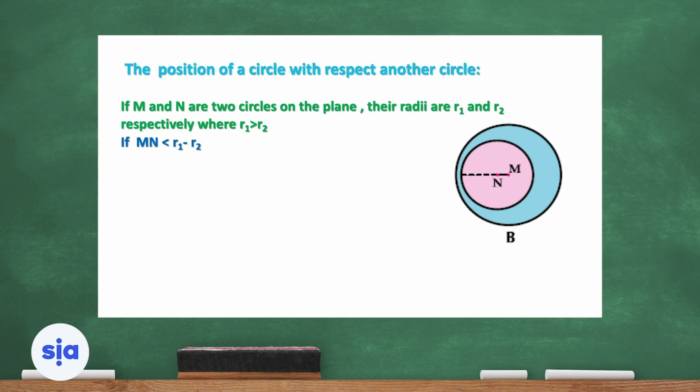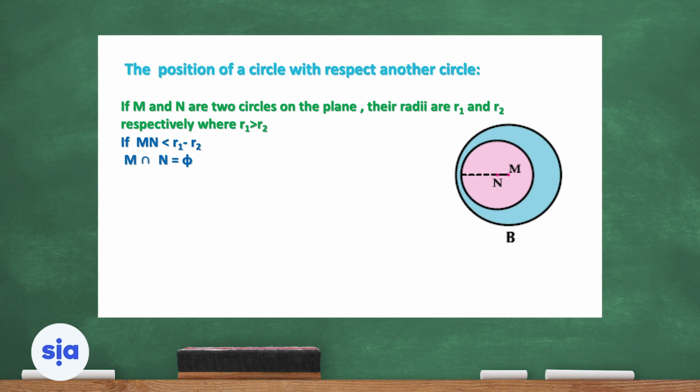Another case where you will see that MN is smaller than the difference between R1 and R2. So MN less than R1 minus R2. Then here, as you can see, there is no intersection between the two circles. So the intersection is phi.